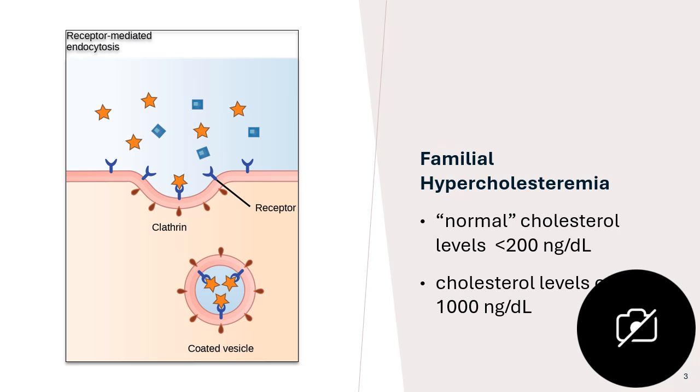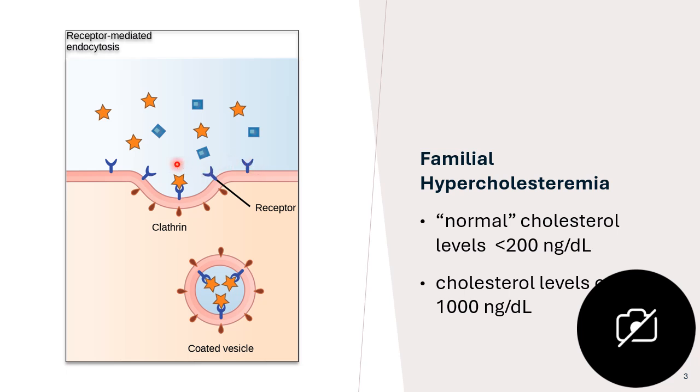Thinking about how that receptor-mediated endocytosis works, as I mentioned before, we have these little receptor proteins here, and those receptor proteins bind our lipoproteins and bring them inside. People with this condition, their little receptor proteins don't work, or in some cases, they're missing altogether.